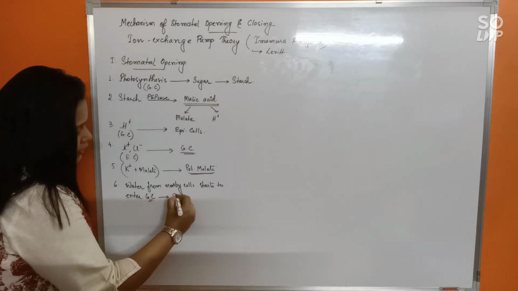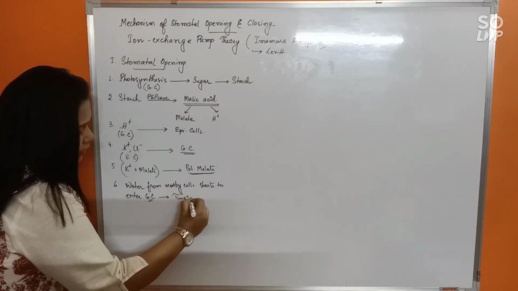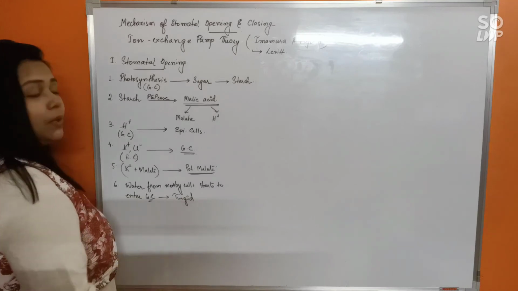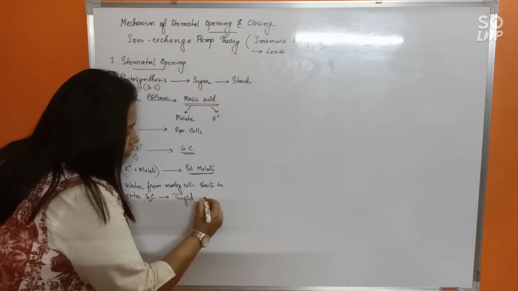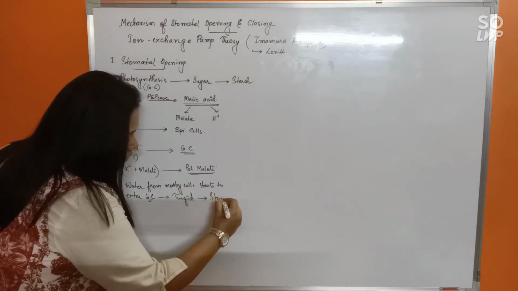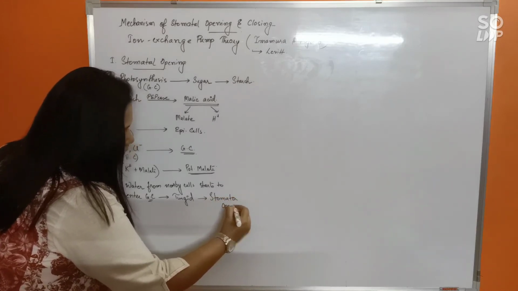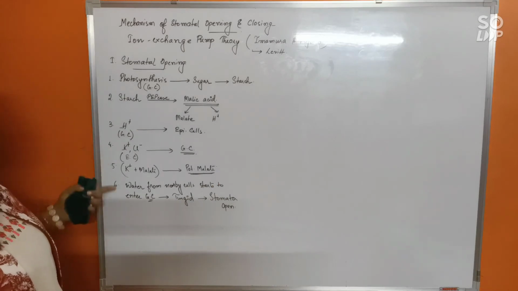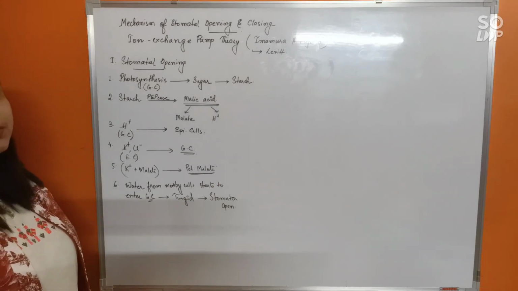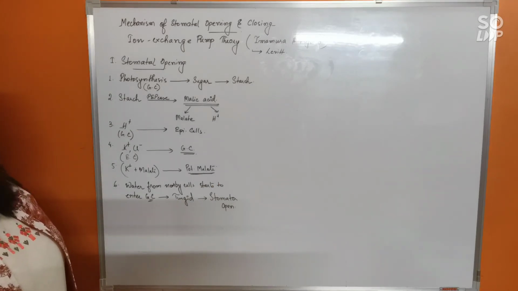Because of that, the guard cells will become turgid, of course, isn't it? Water is entering the guard cells, so they would become turgid. And as they become turgid, what do you think will happen? Stomata will open. Alright? So this is the mechanism due to which stomata will open during the daytime when photosynthesis is occurring.